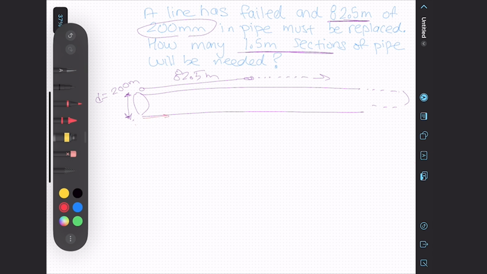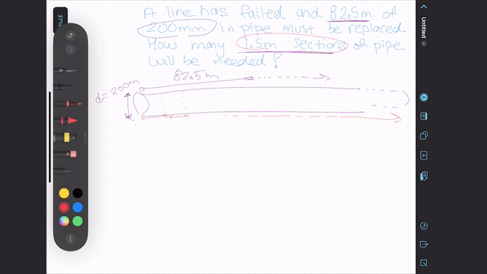For example, maybe this is 1.5 meter of pipe and it's welded to another 1.5 meter of pipe and so on until it makes the entire pipeline. And again, pipelines can be kilometers and kilometers long. They could be delivering water from the facility to your home. So they're very, very long. And right now we're told that the sections they come in is 1.5 meters.